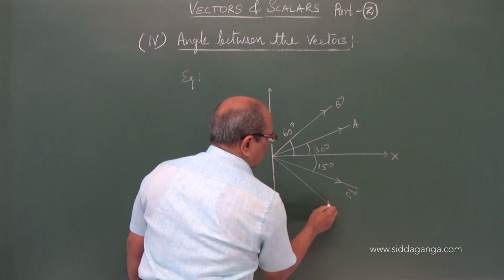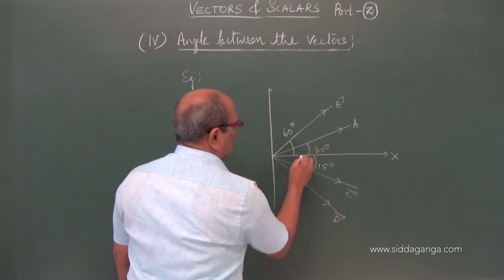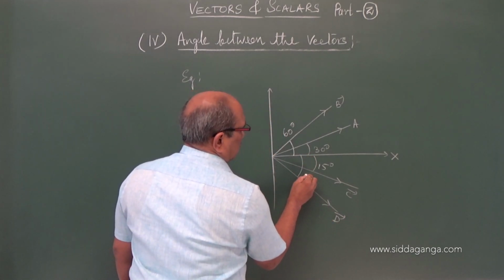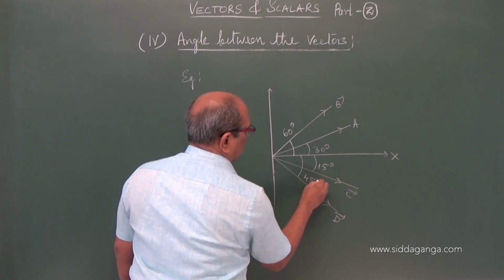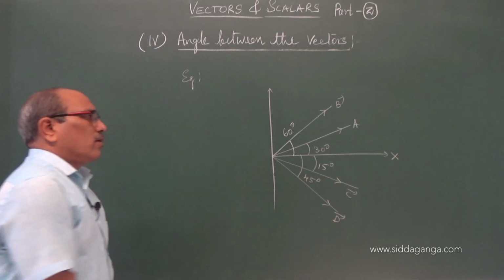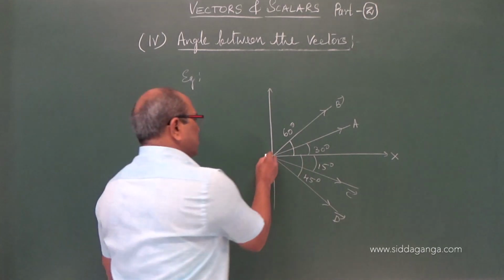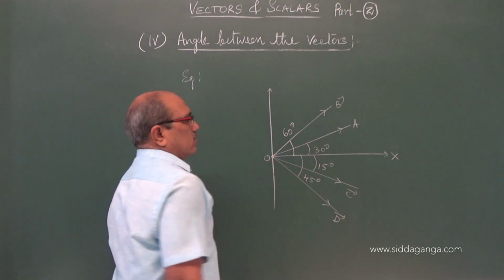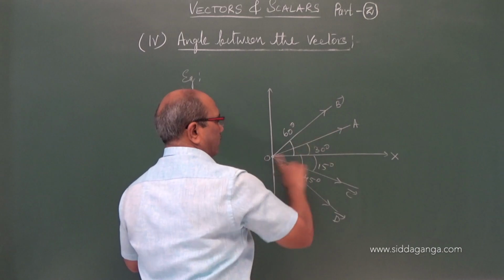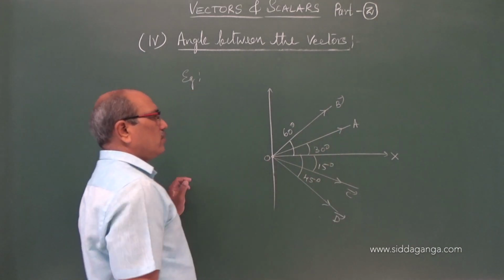And another vector D, which may be 45 degree. So, you are seeing this is the common point from which the vectors are acting. All are away from this common point.